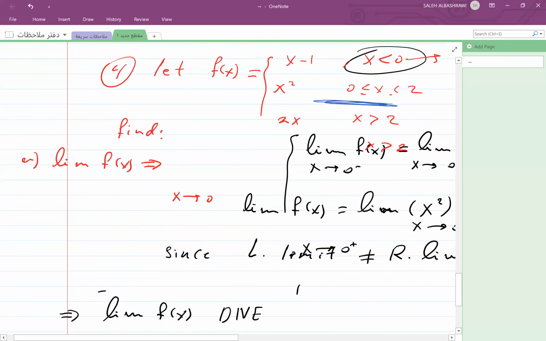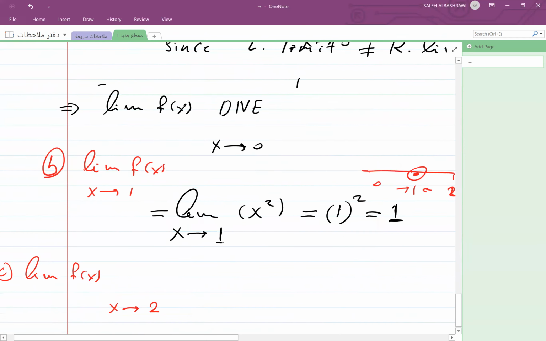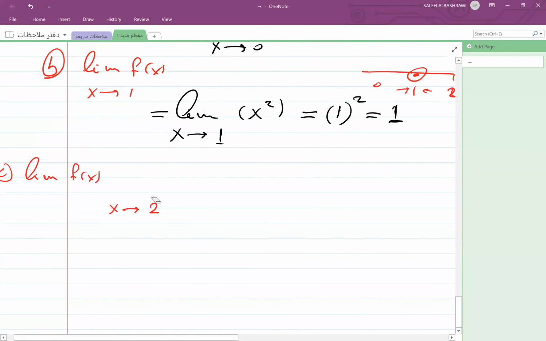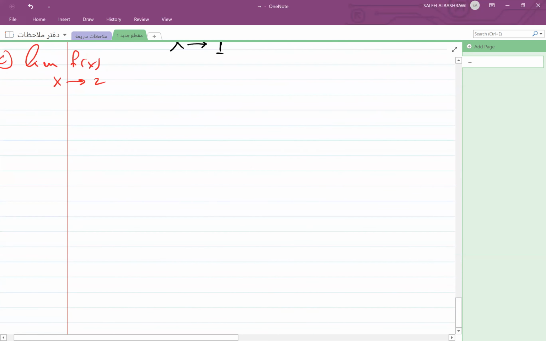Now, for x goes to 2, which is one of the definition points, I have 2 parts, x squared and 2x, when x is less than 2 or x is greater than 2. So this means I need to find the left and right limit.